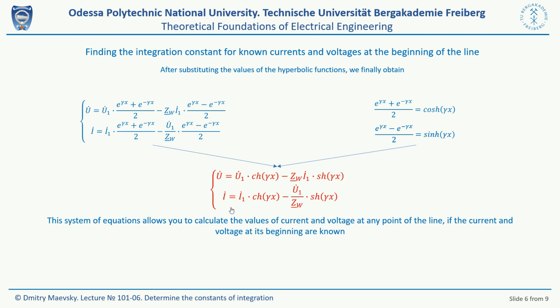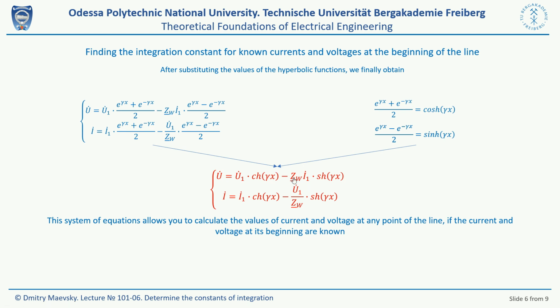Thus, the equations obtained allow us, in fact, to determine the law of change in current and voltages in the line depending on two variables, the spatial coordinate x and the time.